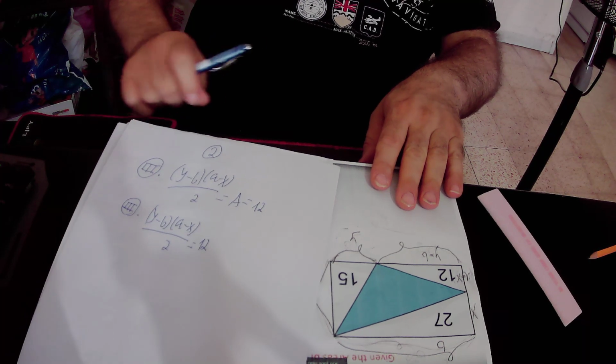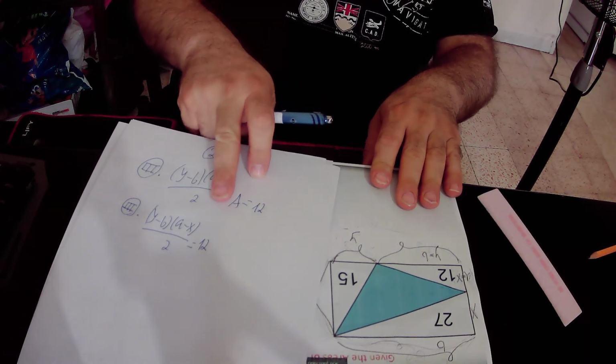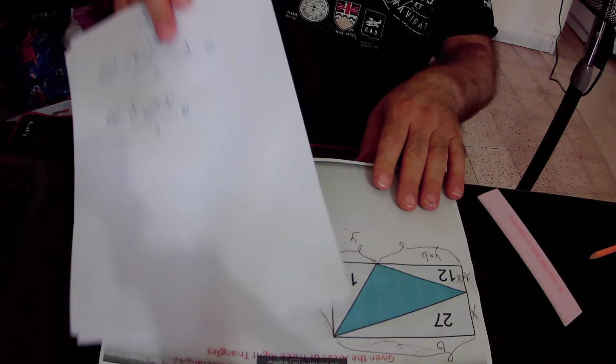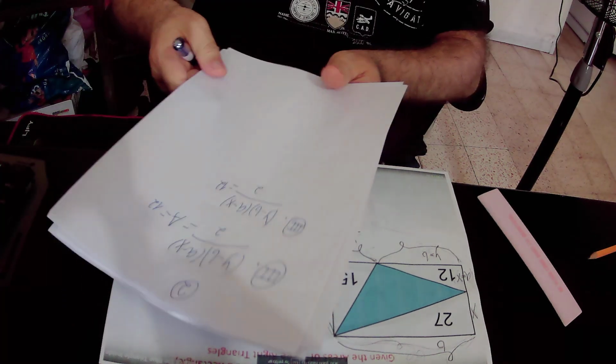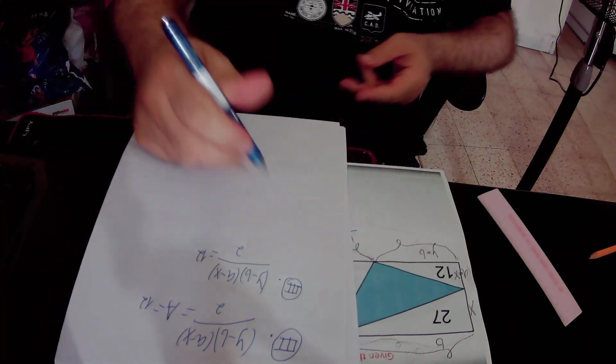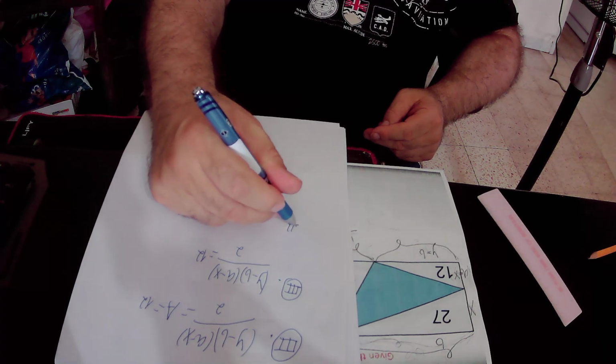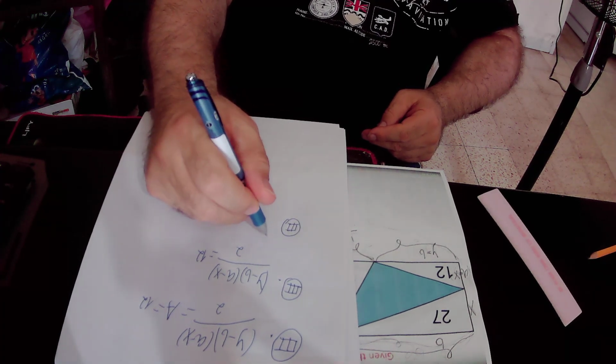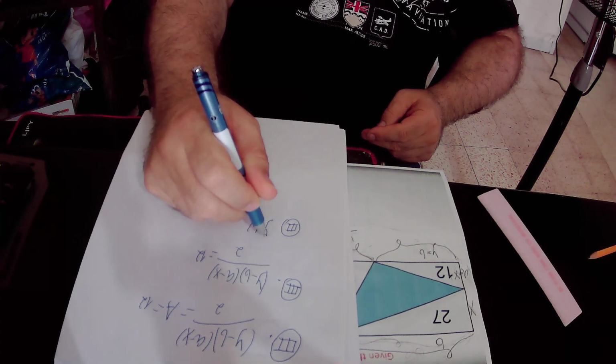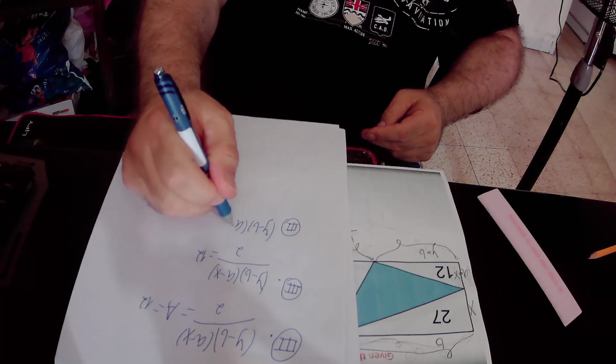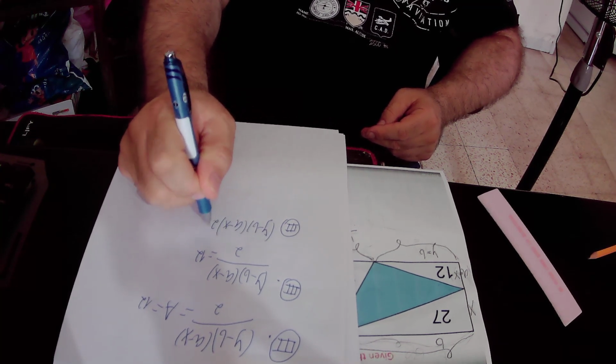We can multiply both sides of the equation by 2. We will get that y minus b times a minus x equals 24 units.